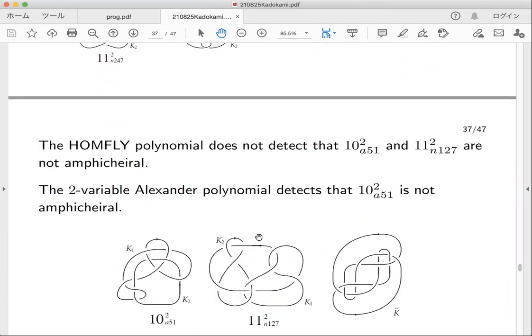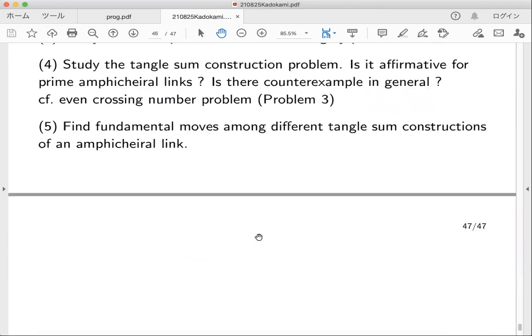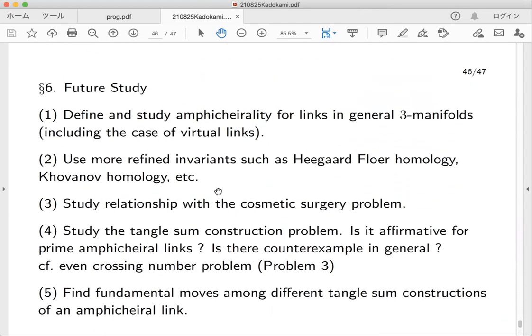So I would like to use more refined invariants such as Heegaard Floer homology, Khovanov homology, and so on, or look precisely at the fundamental group, or the Alexander module or something.